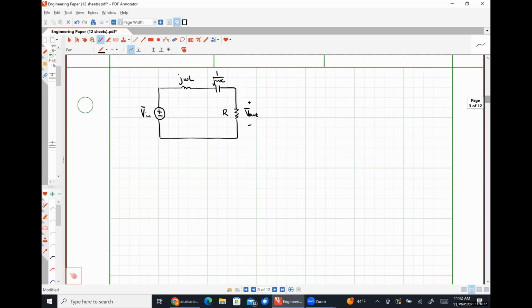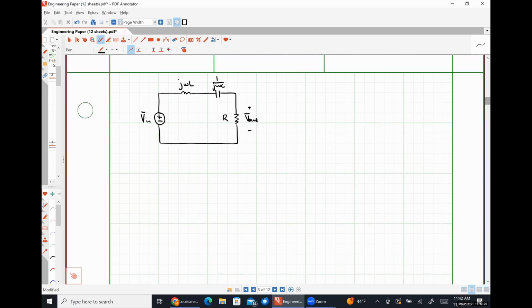Okay. So this is a simple voltage divider circuit. So we can see that our output voltage is just our input voltage times R divided by R plus j times omega L minus 1 over omega C. And I'm going to put this in more of the standard form that we're used to.